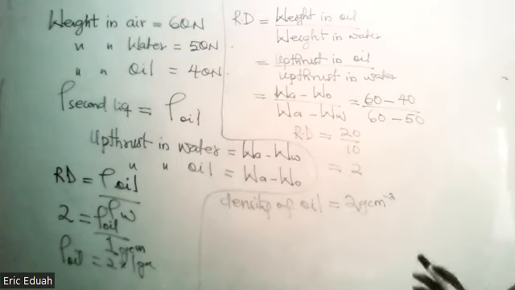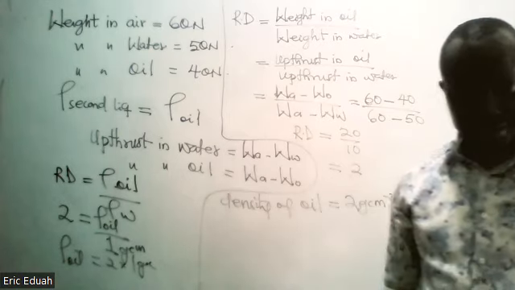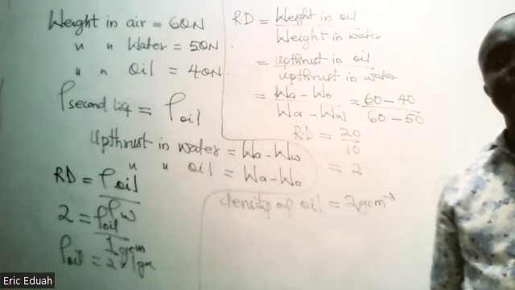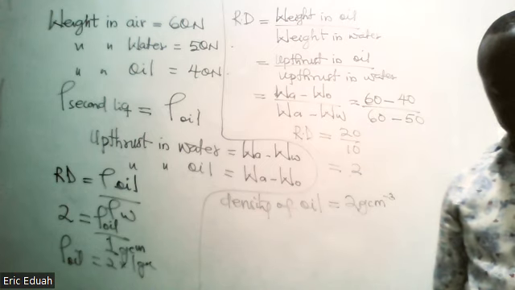Let's look at a third question. This one is also on flotation. Maybe a last but one question. A hydrometer is made of a tube of diameter 2.3 centimeters.